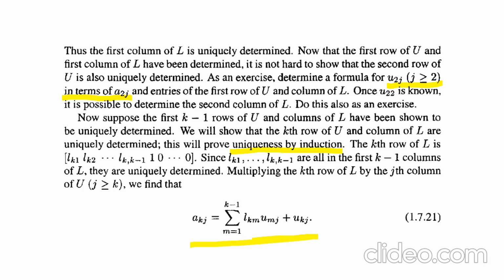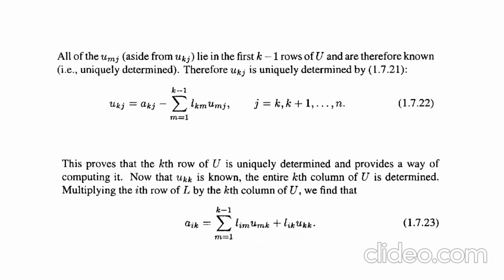Using the preceding entries, we can find all entries of the matrices L and U. Because all of the U entries lie in the first k minus 1 rows of U, they are therefore known.